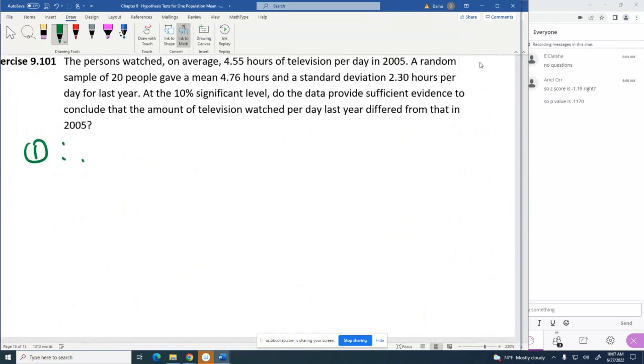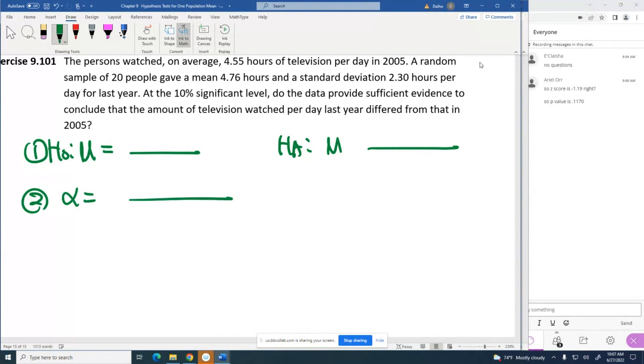Step number 1, the null is equal to, and HA. Step number 2, alpha, and step 3, t-score. Please read the example carefully. And why don't you give me the population mean?